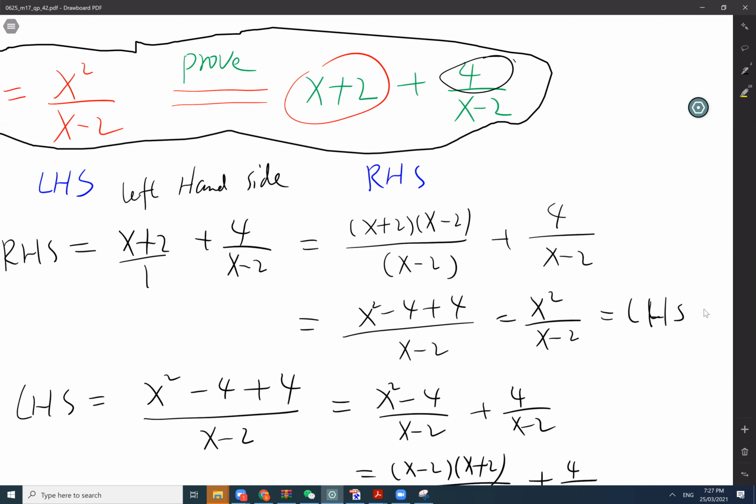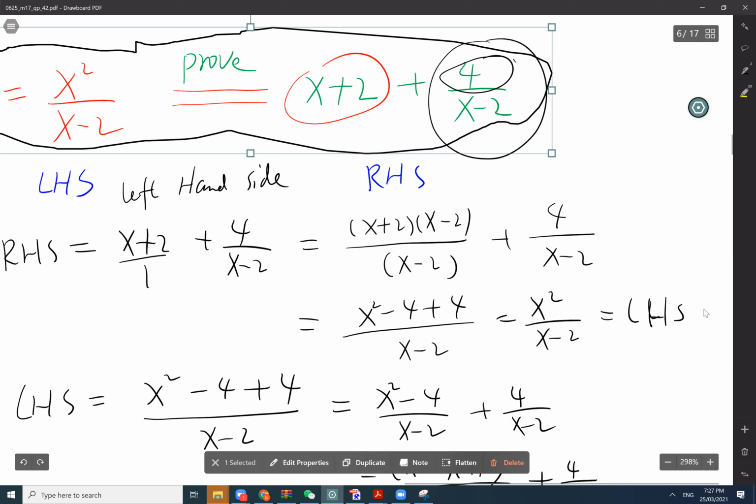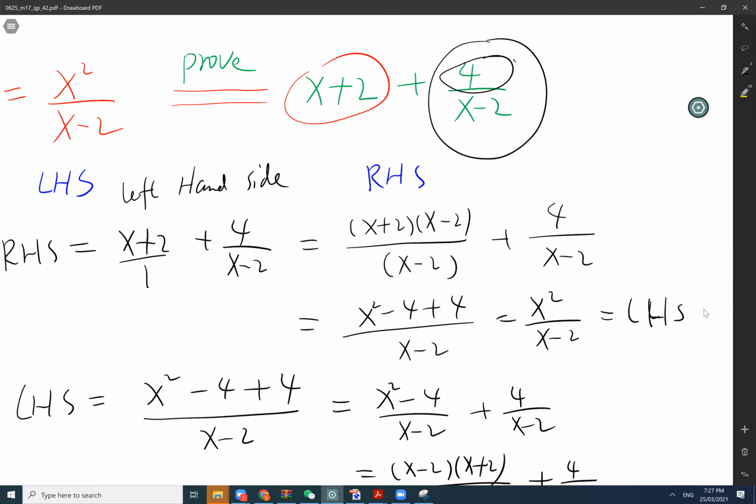If x is pretty large, this part compared with the first part can be ignored. How do we write the word negligible? Okay, can be ignored.